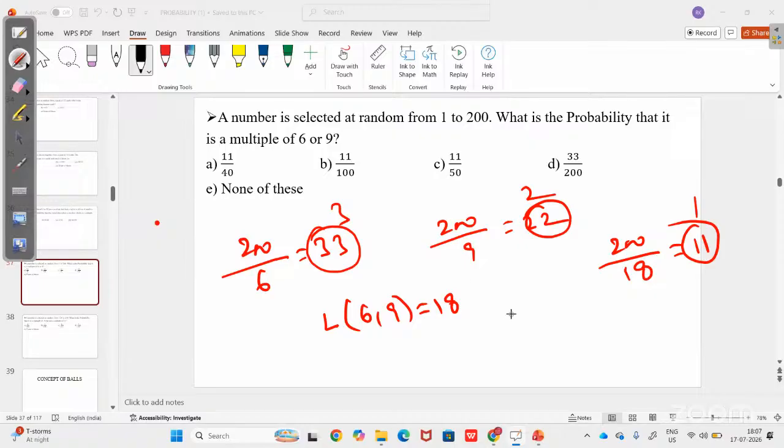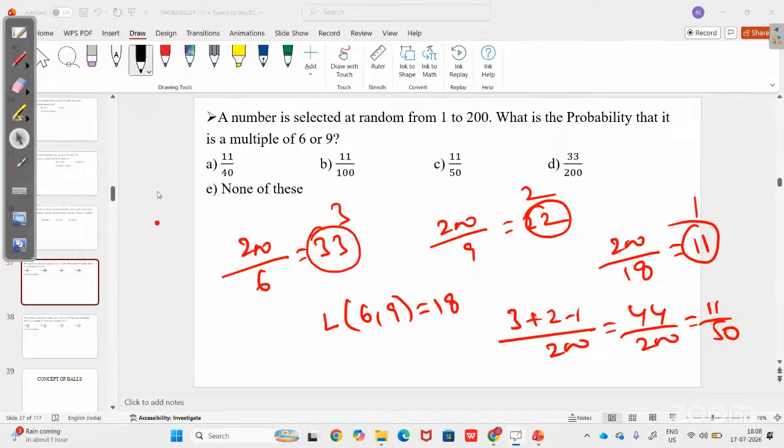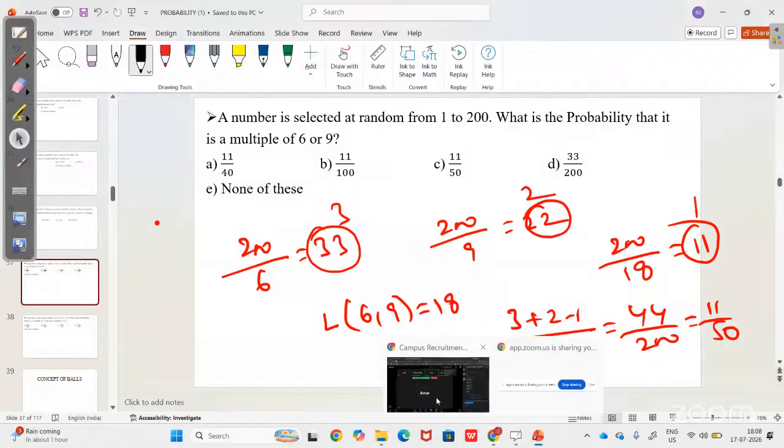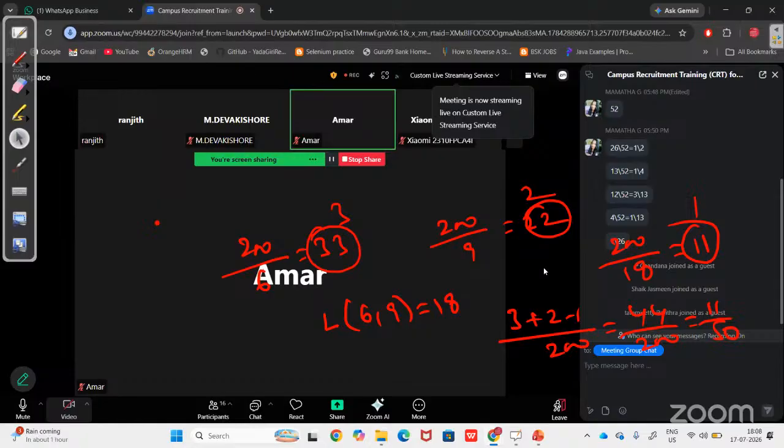We need to subtract this one: 3 plus 2 minus 1, divided by 200. It's 11 by 50.